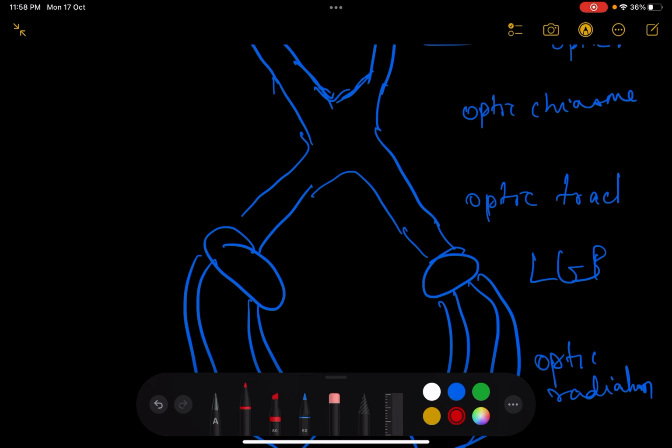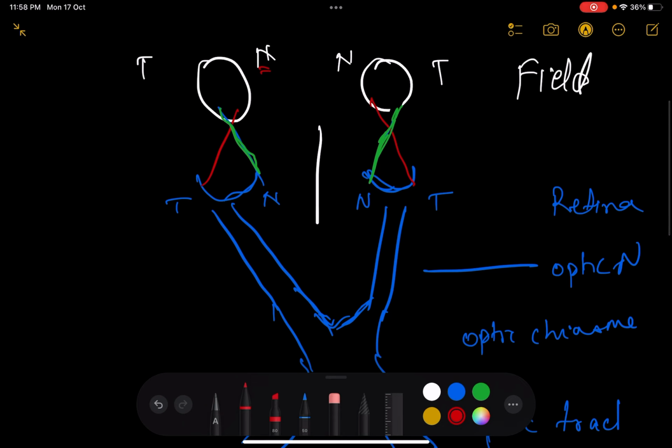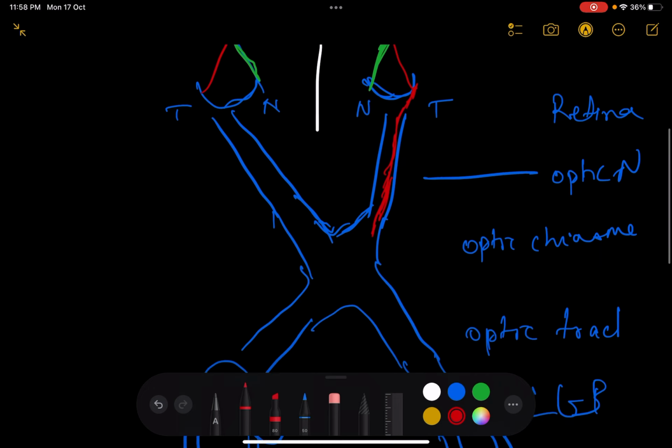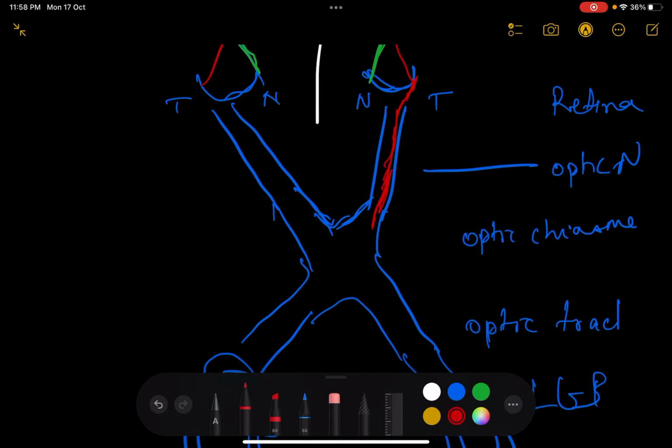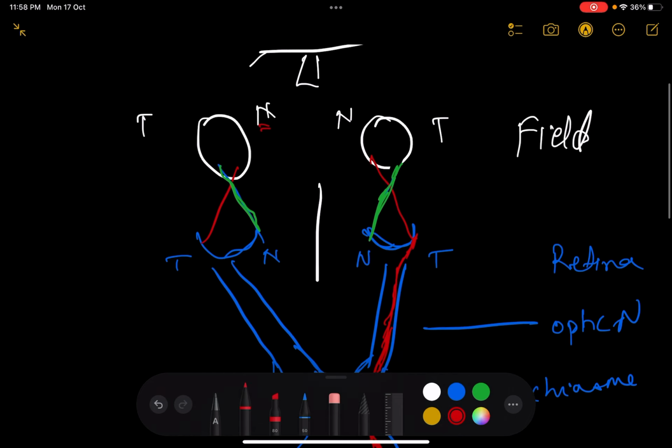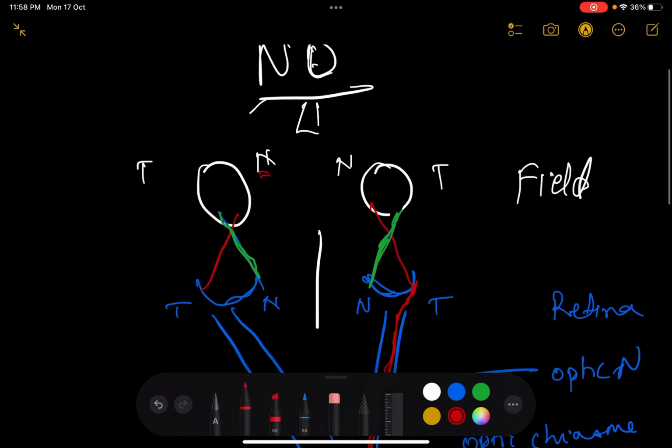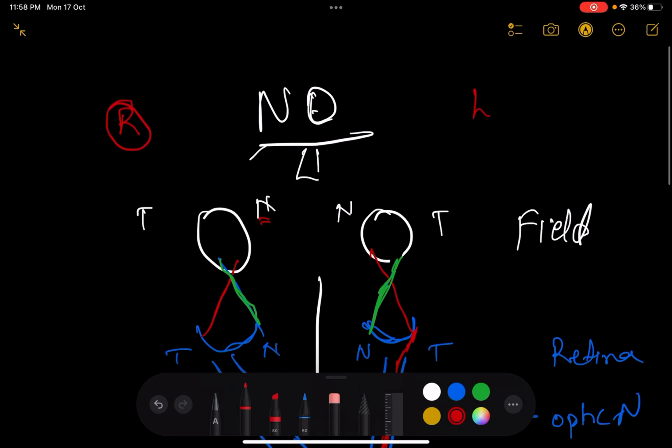Let's say that from the nasal field, the rays fall on the temporal retina. The temporal retina follows the optic nerve and it does not crisscross. This is going to be the right for the patient, we are looking at the patient, and this is going to be the left.